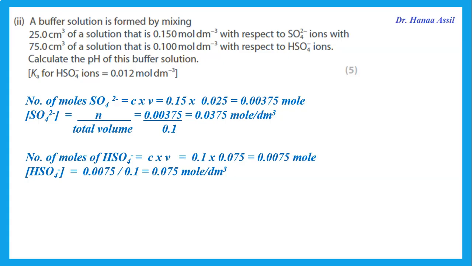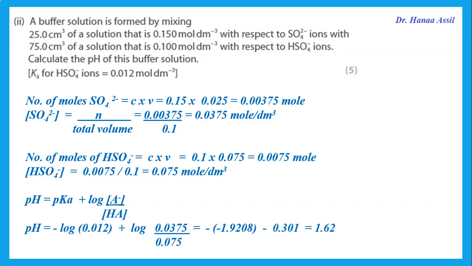Now that we have the concentrations for each of them, I can put it into this equation. pH is equal to pKa plus log of the concentration of the sulfate ions over the concentration of the HSO4 minus. So put in the values. We have the Ka, so the pKa is minus log of that, plus log of the concentrations we just got. This gives an overall pH of 1.62.